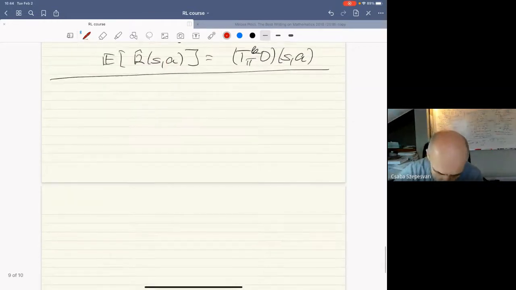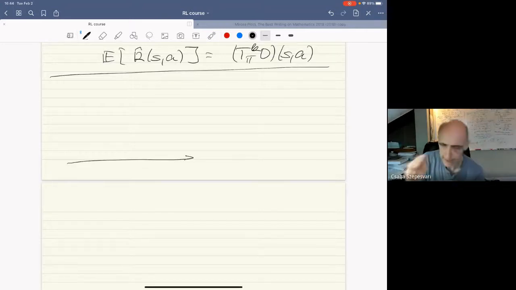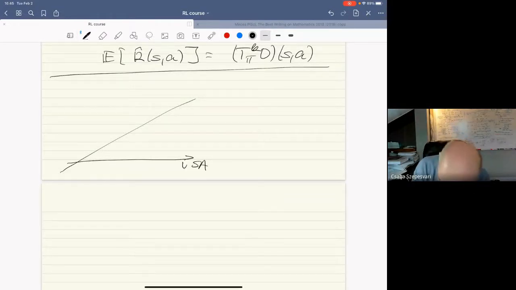You recall linear regression, right? So this is basically a glorified linear regression problem. It's a kind of different drawing, but you have a linear function that you want to estimate. This is phi SA, the feature space.